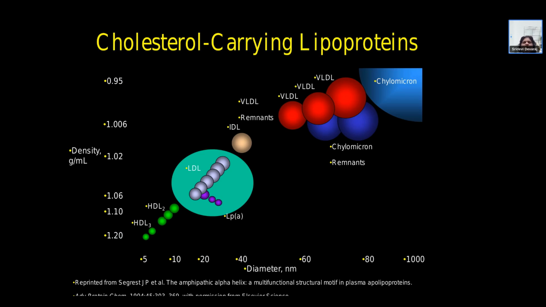So as you can see, when you talk about cholesterol, lipoproteins and triglycerides, you're talking about a plethora of particles or proteins, cholesterol carrying lipoproteins, that are not all measured on our usual or routine lipid profile, and we will come to that shortly.